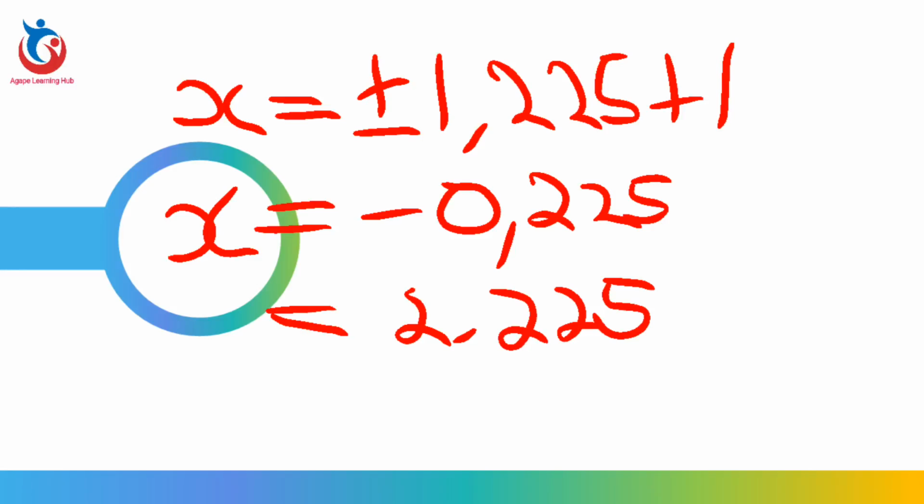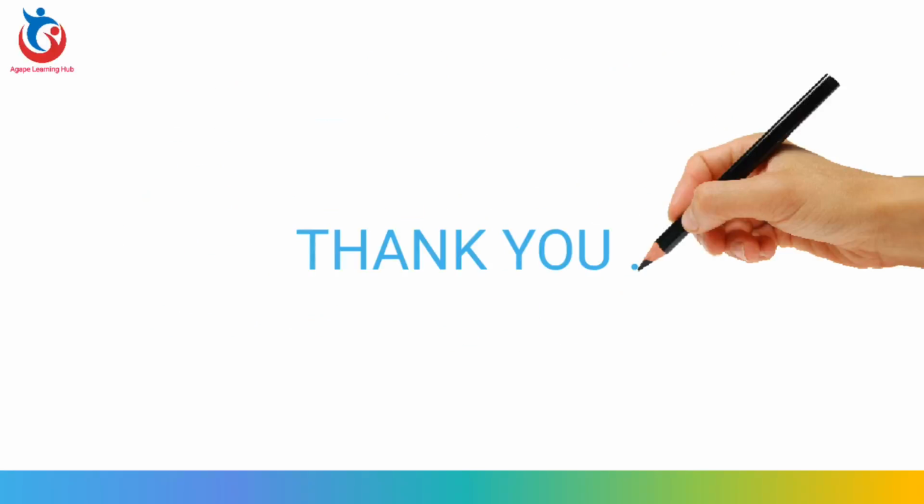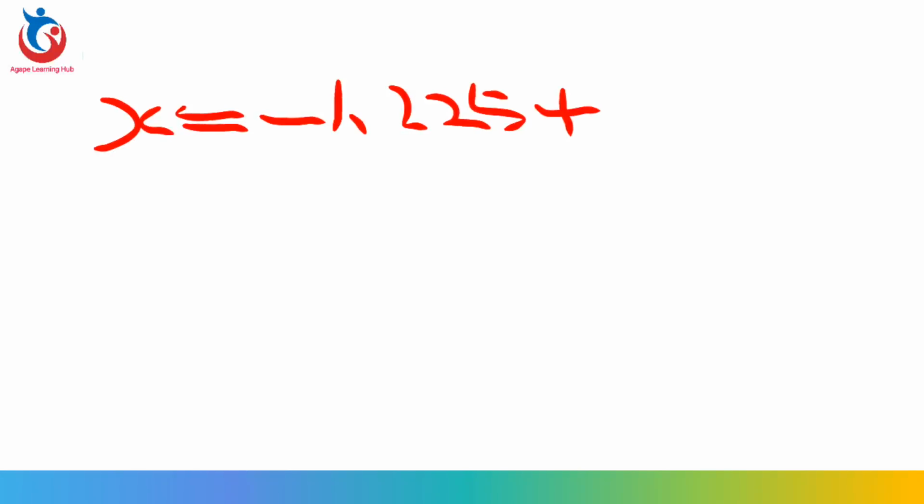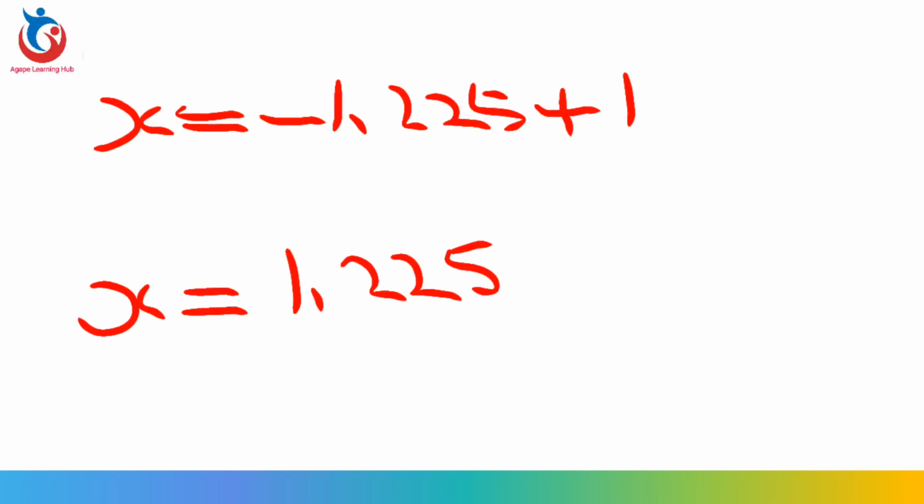It is either that x is going to be equal to negative 1.225 plus 1, or it's going to be x equals 1.225 plus 1.